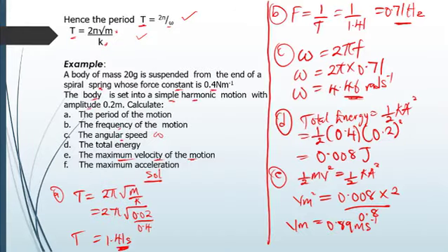Or alternatively, we can also say, we have v equal to angular velocity times the amplitude, and it's going to give us v equal to 4.46 times 0.2, equal to 0.89 meters per second. Either of them will serve as the answer to that question.